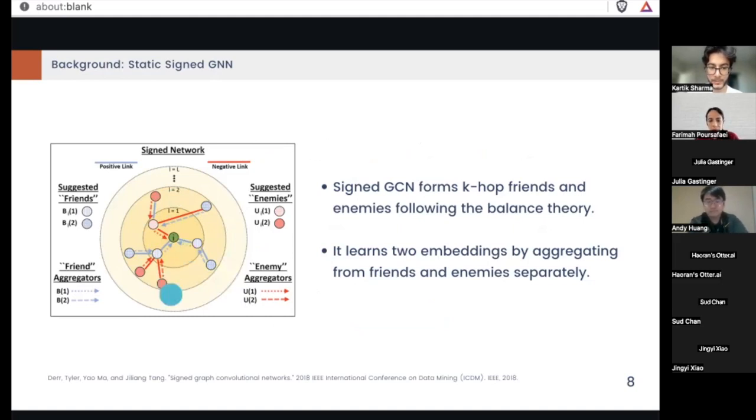If the path from a node in the outer circle to the central node has an even number of negative links, then it would be different from those nodes which have a path with an odd number of negative links. This is informed by the balance theory, because an even number of negative links means that node has kind of a friendship relationship with the central node. So they would just be considered differently.